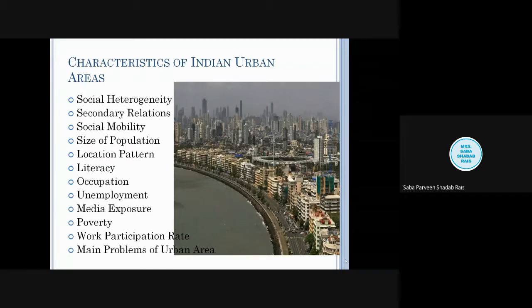Then the next most important issue is congestion. About 40 to 50% of people live in highly congested slums, so areas are very congested. Even if it is not a slum area, you will find that the buildings are very close to each other.